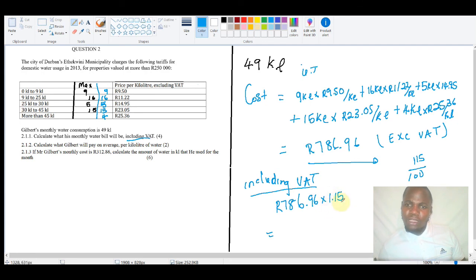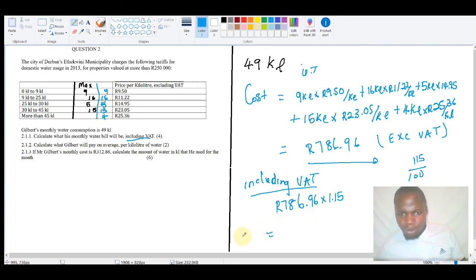Then that is where you get that 1.15. Or else you can calculate 15% of this amount, then at the end you add. But I like to do simple things. I don't like to have unnecessary work, because I'm lazy to work the longest way.